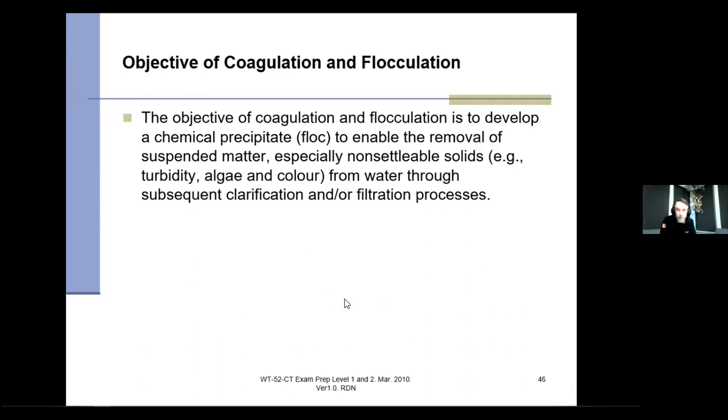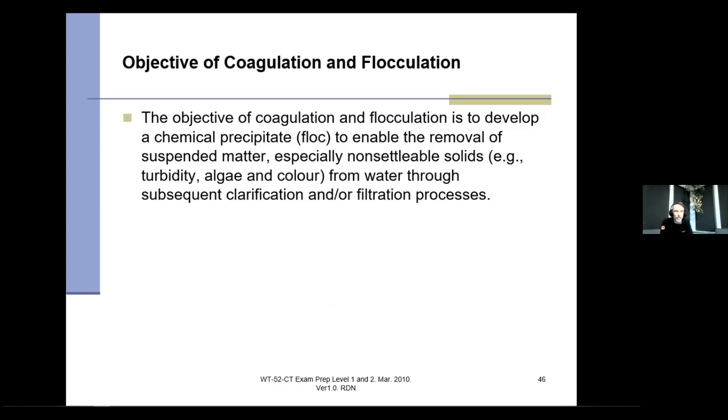The objective of all this is coagulation and flocculation, which we'll talk about: to develop this flock, and not just develop it, but also make it do the work for us. Coagulation is making this flock. Flocculation is making this flock work for you.